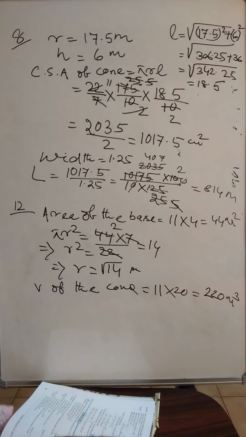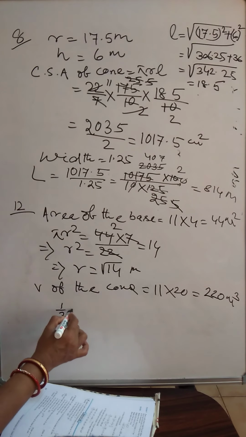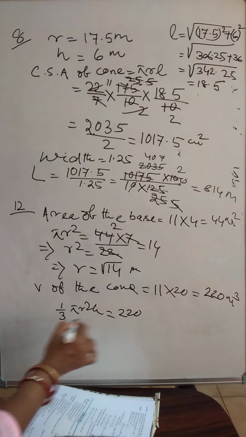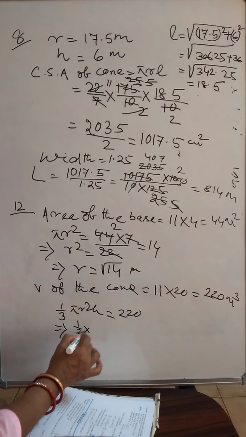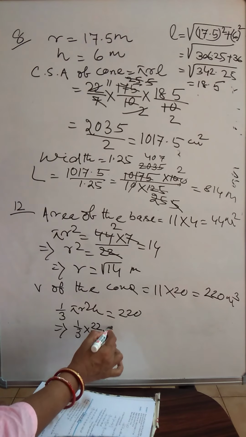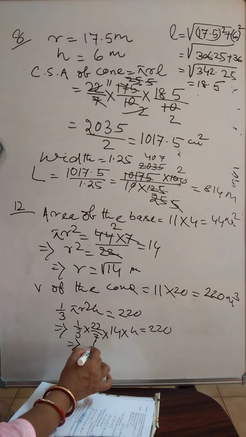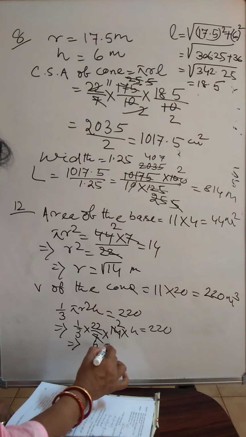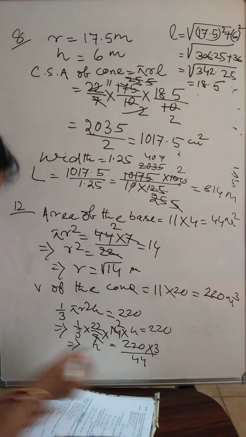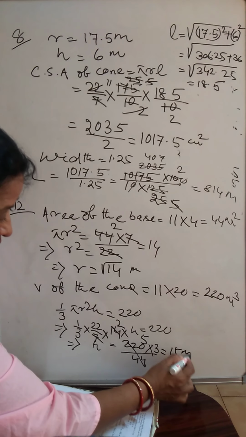Now find the height of the cone. 1 by 3 pi r square h is equal to 220. 1 by 3, pi value is 22 by 7, r square is 14, into h, 220. So h is equal to 220 by 44 into 3, that is 15 meter.